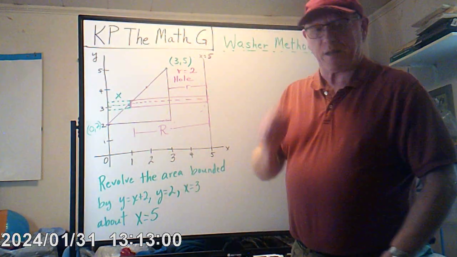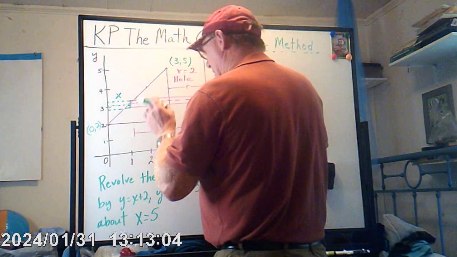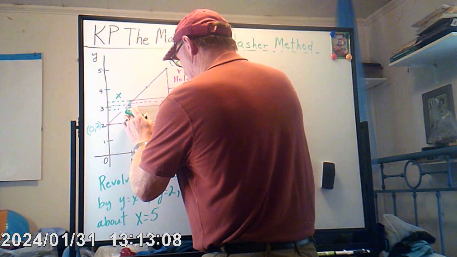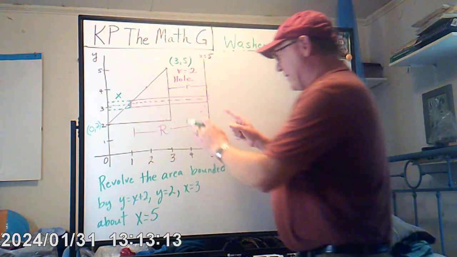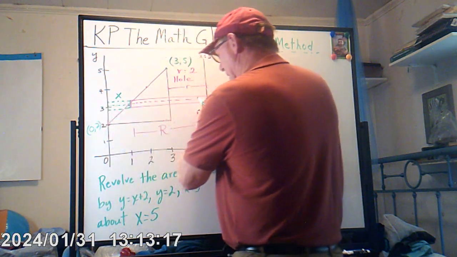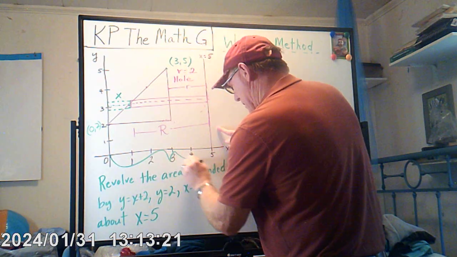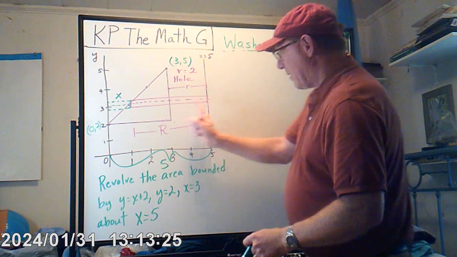That distance right there is x. How far is that from, let's say, this part right here? We know that this entire distance is 5, isn't it? This distance from here to here is 5, isn't it? All the way from here.